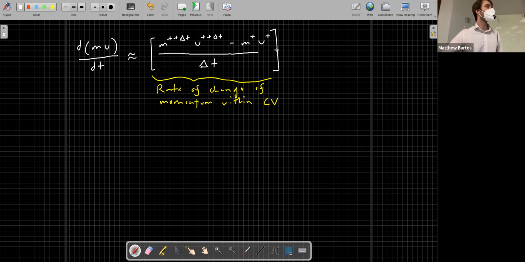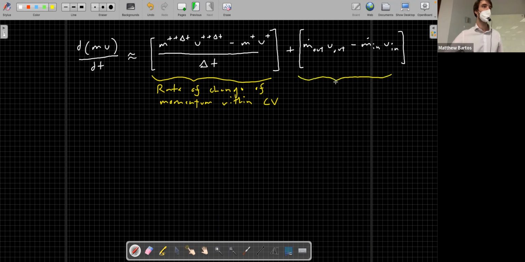Plus our momentum flux through the control volume. So this is the component of the momentum, the net flux of momentum through the control volume. So this will be equal to the mass flow rate out times the velocity out minus the mass flow rate in times the velocity in.